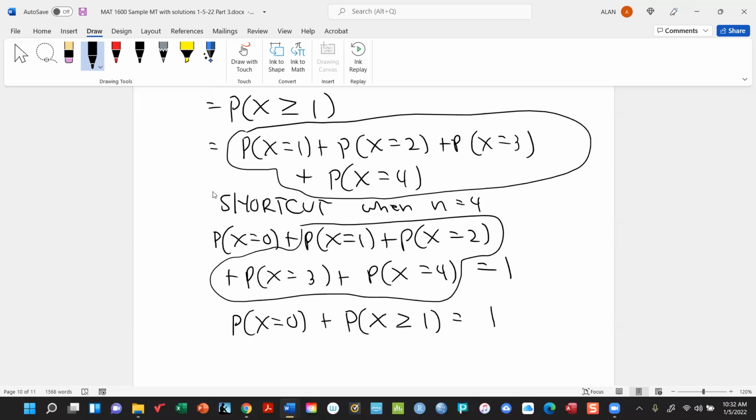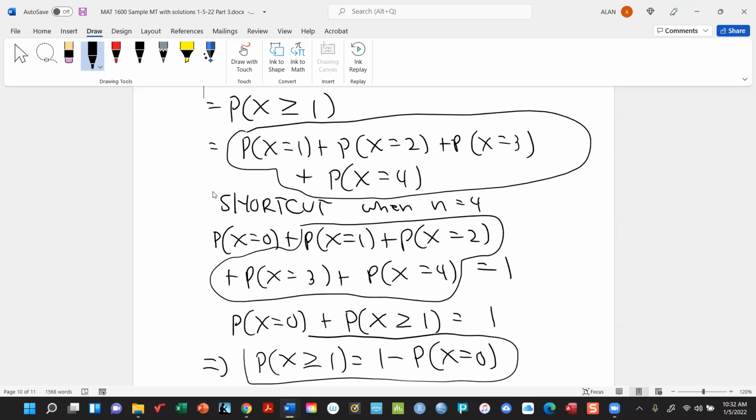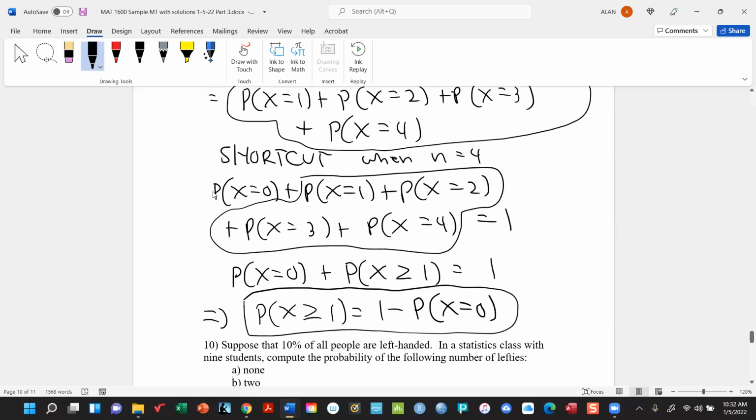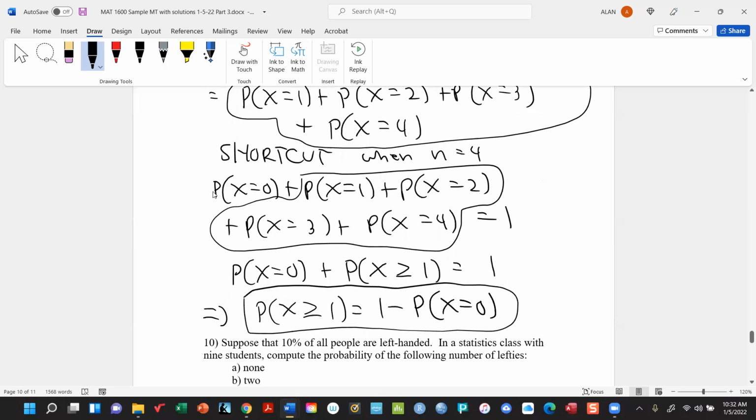And therefore, oh, this is our shortcut. So when you see at least 1, what you can do is just say, oh, I get it. This is that shortcut case.